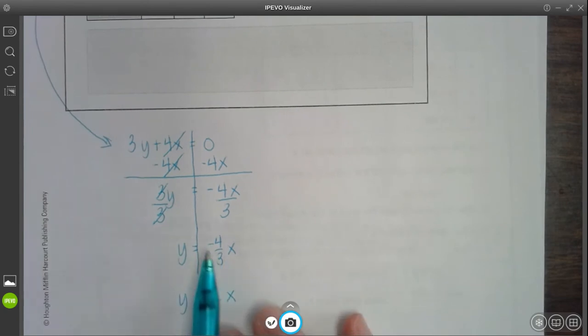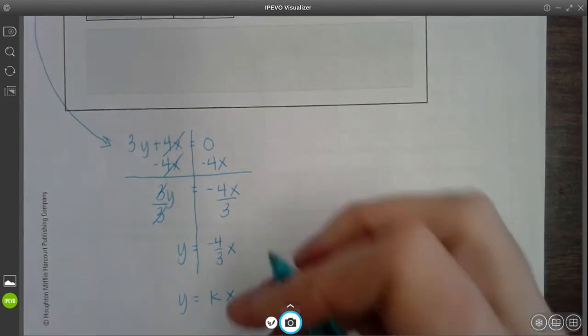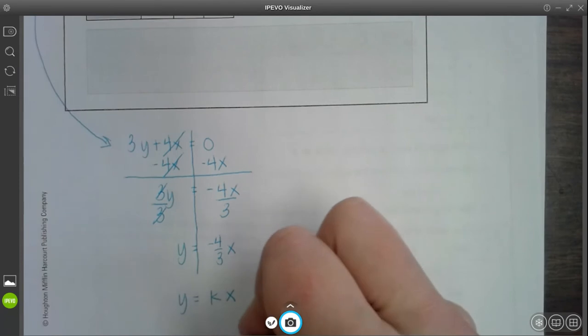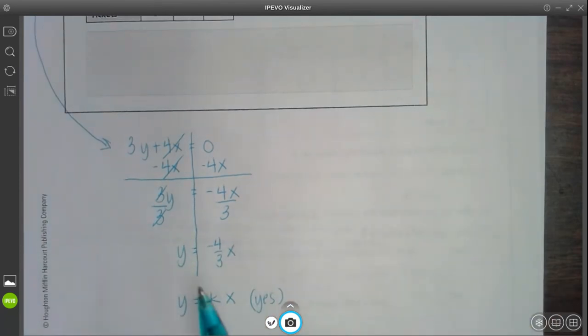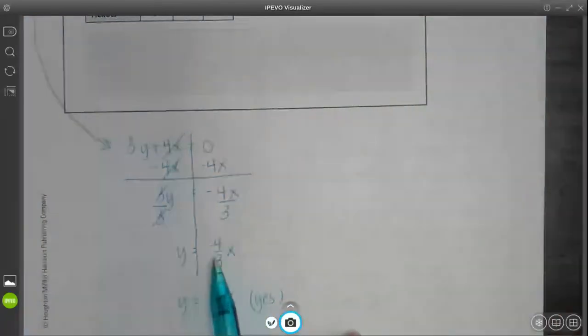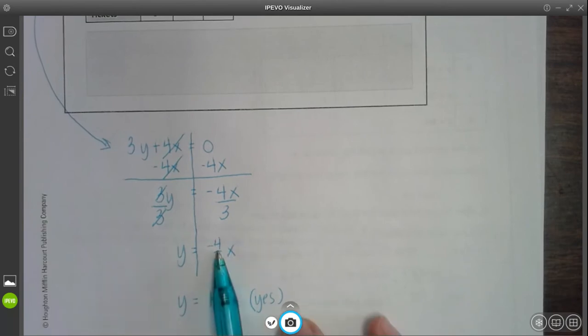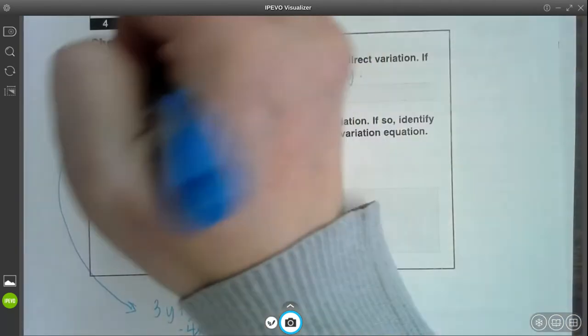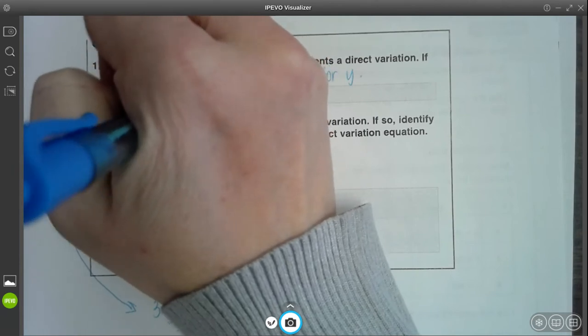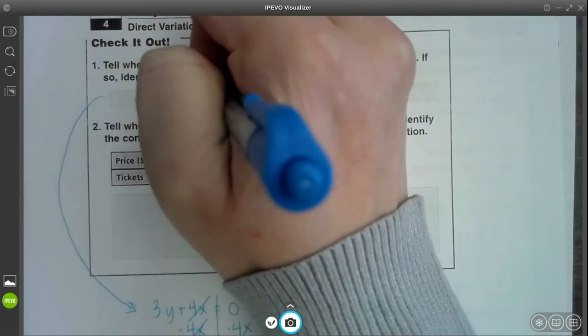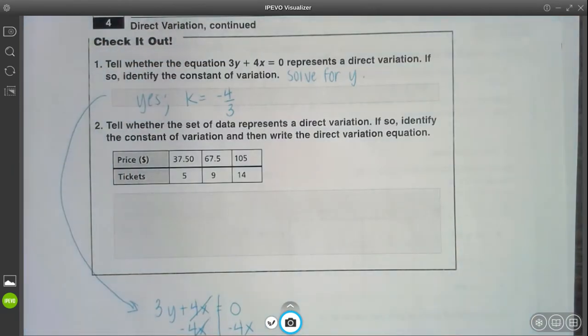Is it y equals some number times x? And the answer is yes. Okay, and then our constant of variation is going to be the number that's in front of the x, the k. So the answer here is yes, and k equals negative 4/3.